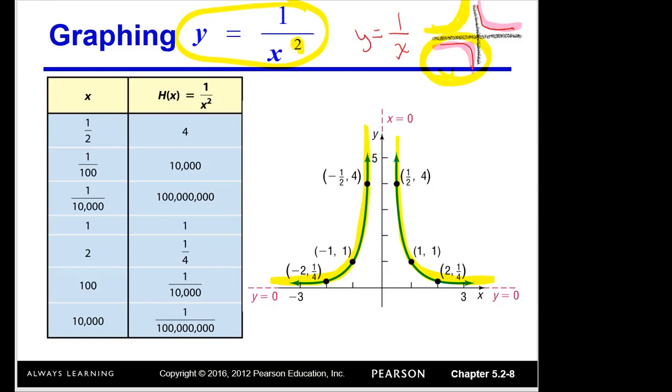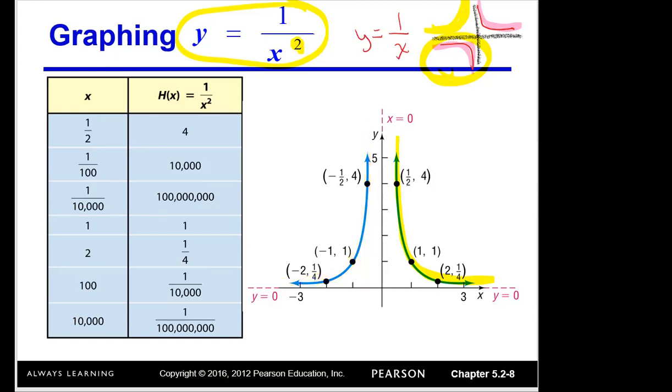And they did some plugging and chugging. They plugged in x is 1/2, x is 1 over 100, x is 1 over 10,000, x is 1, x is 2, x is 100, x is 10, just to show you that as you are getting closer and closer to 0, your graph gets closer and closer to the y-axis.